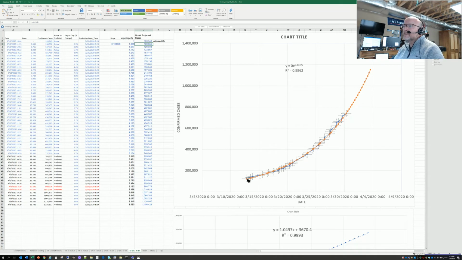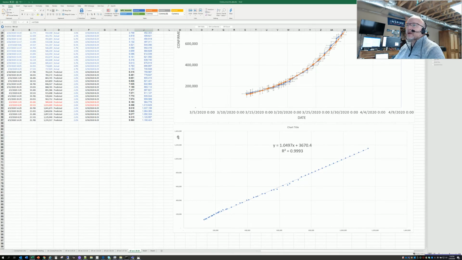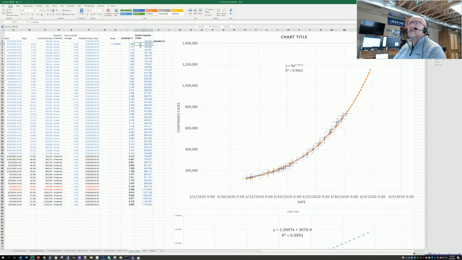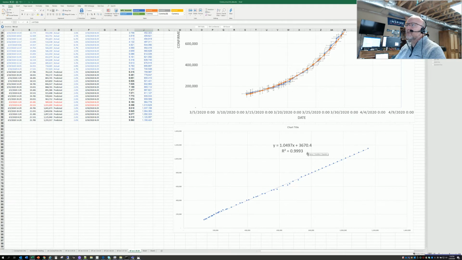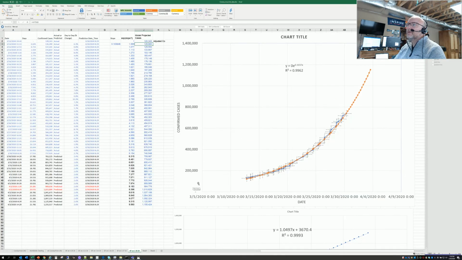Now we see we have the right curve fit for this particular model. And when we plot the actual measured cases versus the predicted cases using this exponential model, we can see that we have a 99.9% R squared.